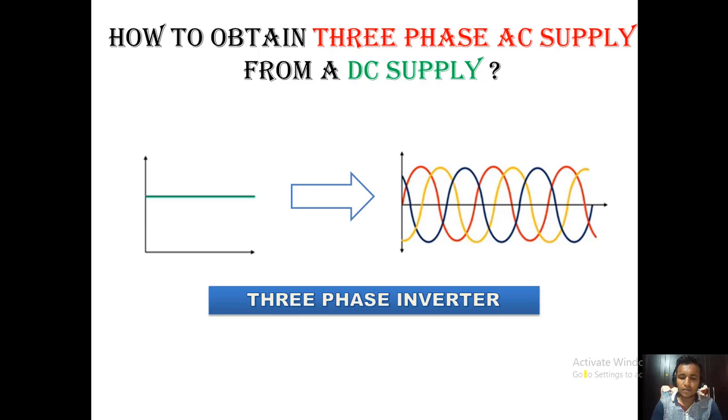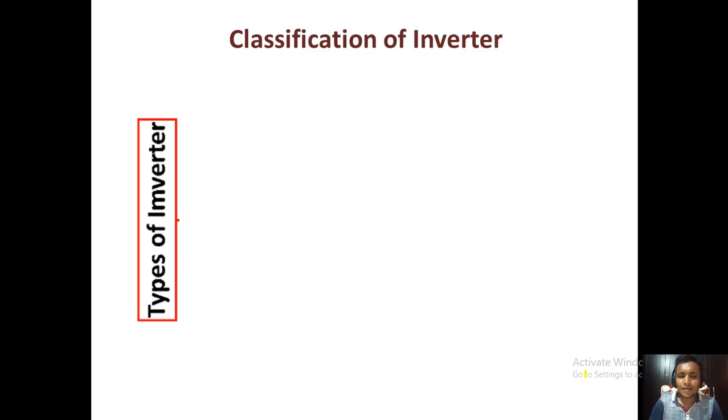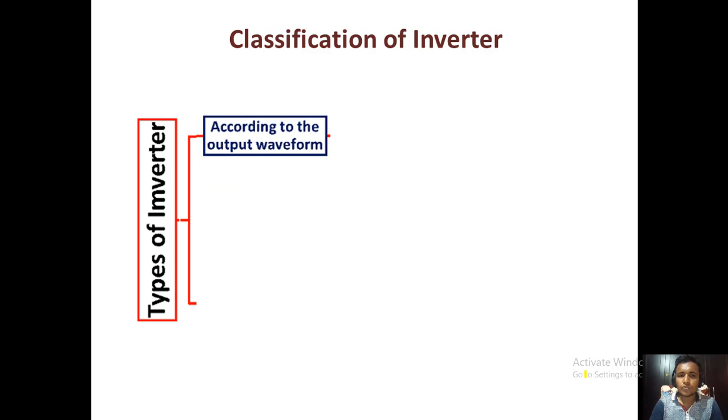Okay, let us start with the classification of inverters. Inverters basically can be classified in two ways: first, according to the output waveform, and second, according to the type of load.